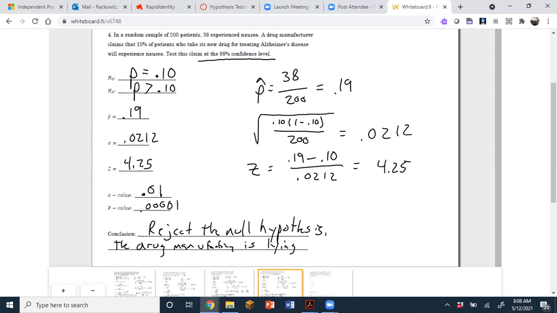It is more than 10% based on these findings. Redundant, doing the same thing over and over. The drug manufacturer is lying.